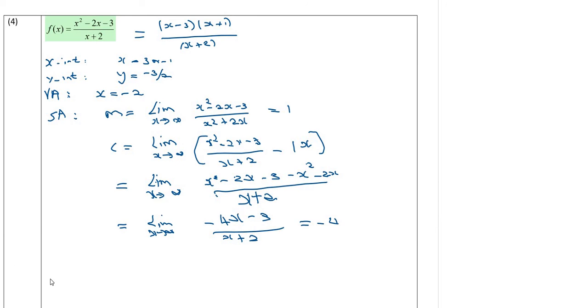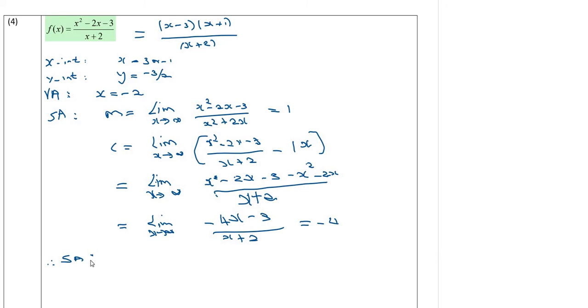So remember to answer the question. Therefore, the slant asymptote. Don't stop here now. You never answered the question. The question is you must get the slant asymptote. If you just stop here, you didn't indicate what the slant asymptote is.